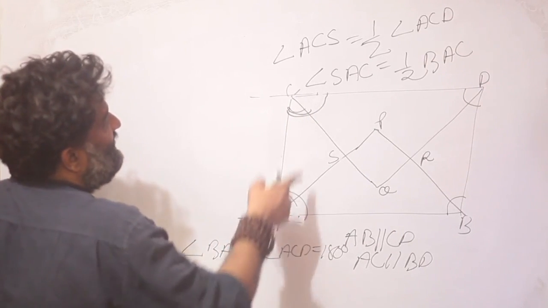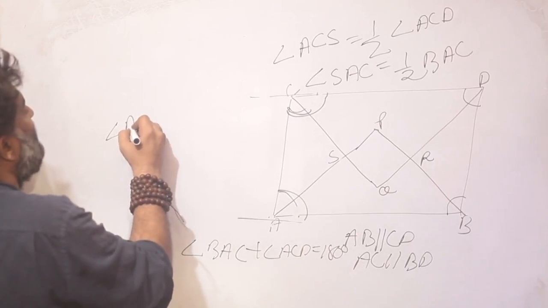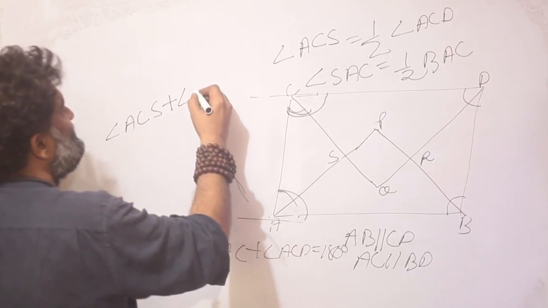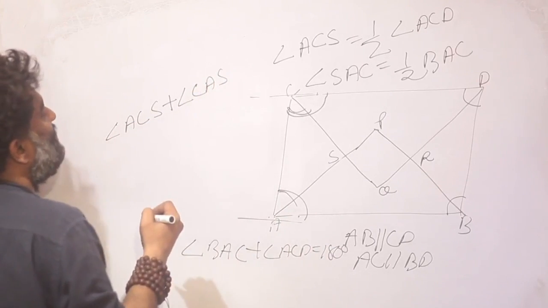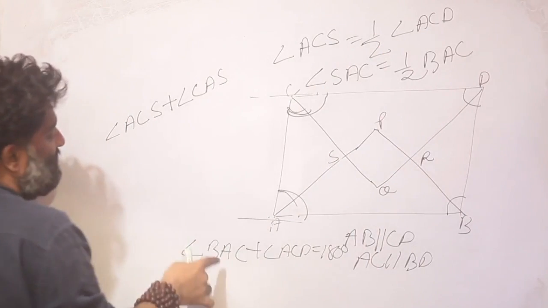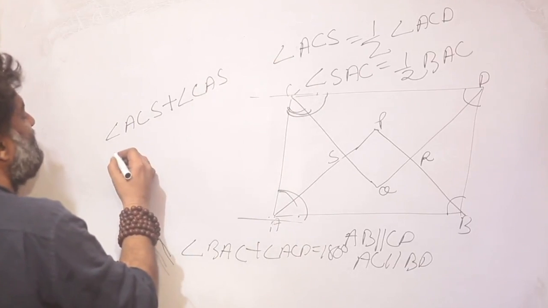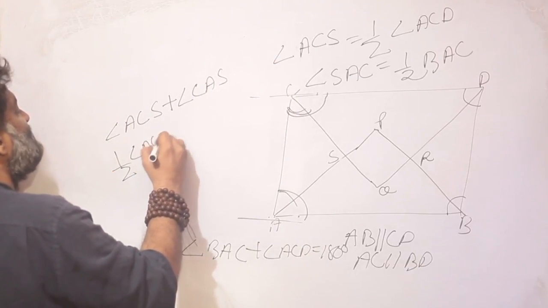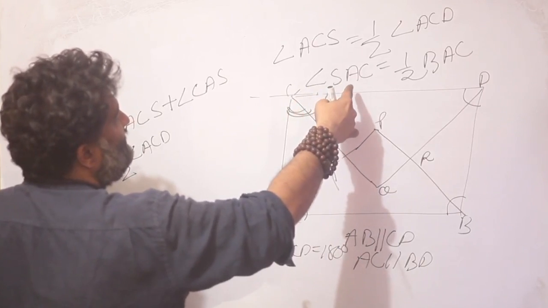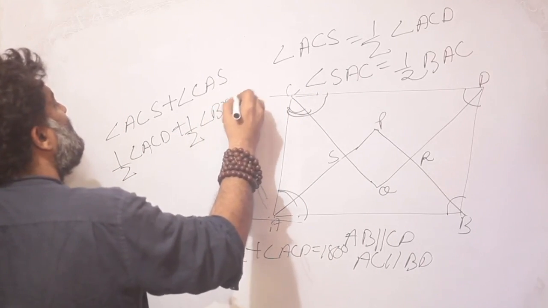So similarly, if I think of my smaller angles, angle ACS plus angle CAS, if this is what I want to figure out, and I know angle ACS is half of angle ACD, and angle CAS, or angle SAC, they are the same angle, is equal to half of angle BAC.